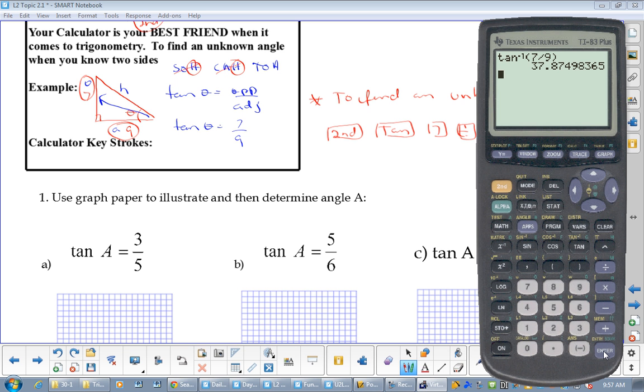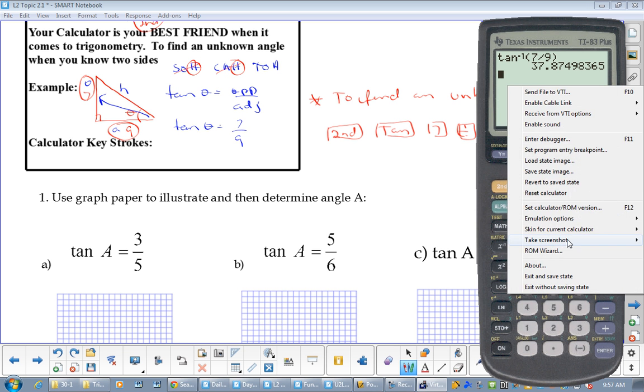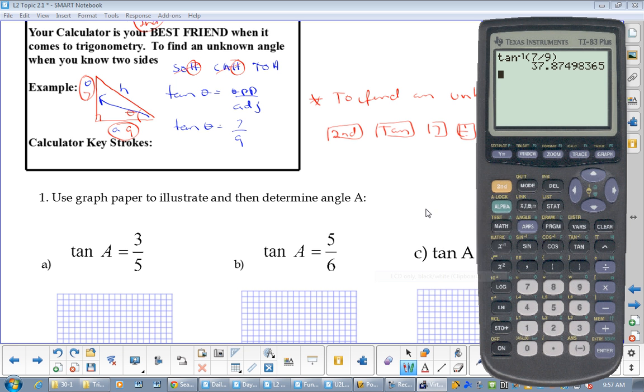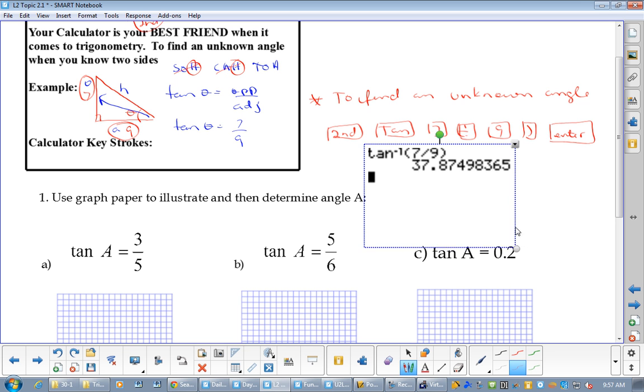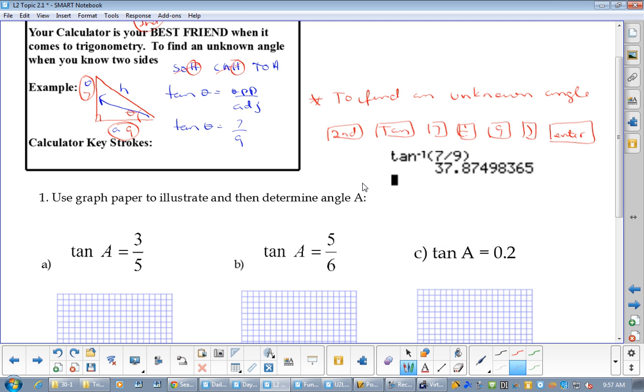Okay, so I'm going to just take this screenshot because I want you to be able to see this. I'll just make it a bit bigger. Okay, so you can see exactly how I had to use tan, and it's going to put a little -1.